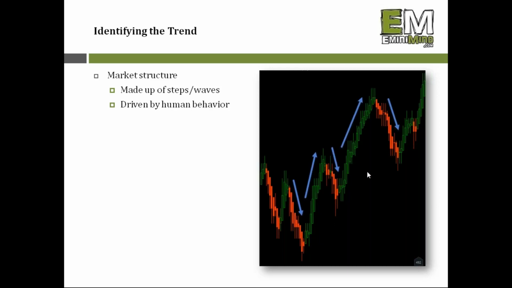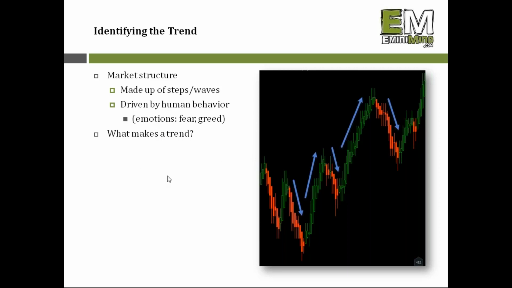And that buying of covering the positions ends up making the market go higher. So you have these undulations back and forth. And so all of that fear and greed that goes into the buying and the selling is what we're looking to understand so that we can capitalize on it.